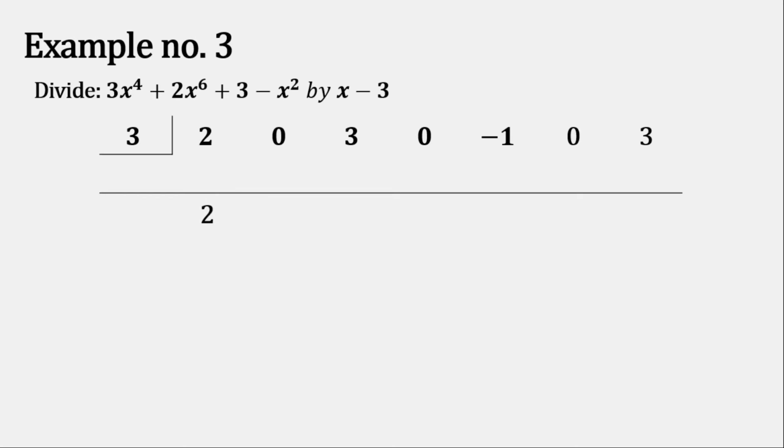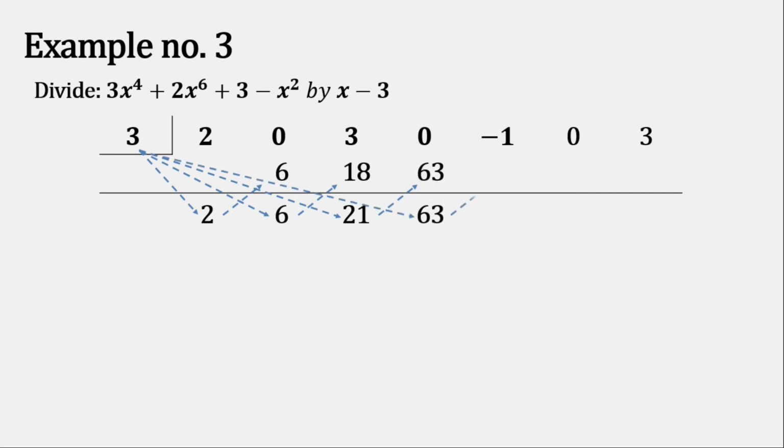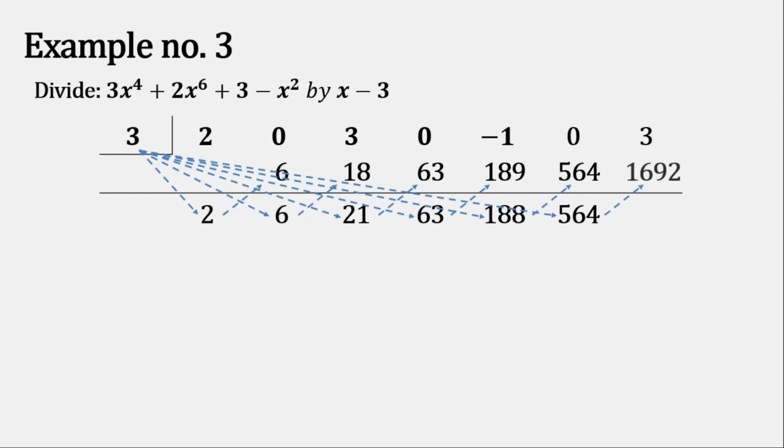Bring down, multiply, add, multiply, add, multiply, place the answer, add, multiply, place the answer here, add negative 1 plus 189 is 188, multiply, then place the answer here, then add, multiply, then place the answer here, and we have this answer.